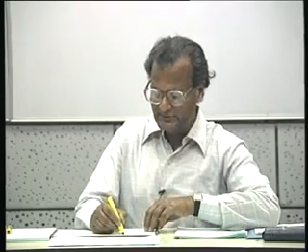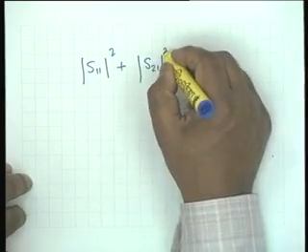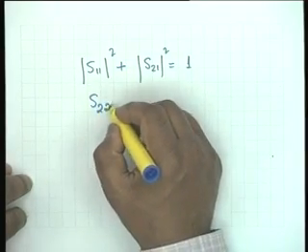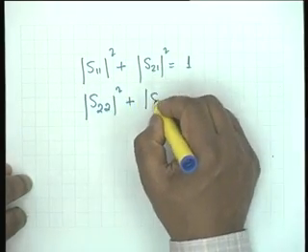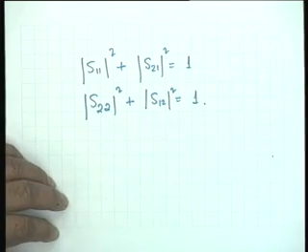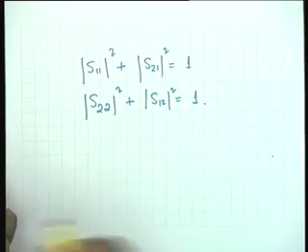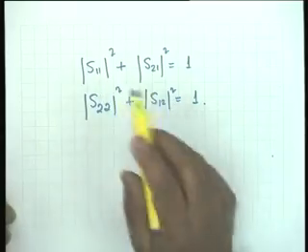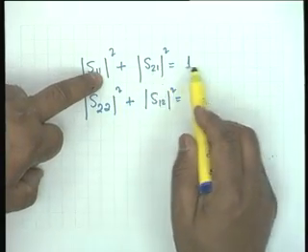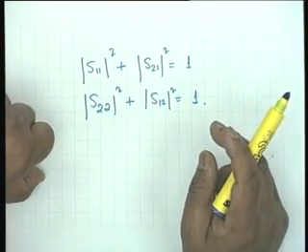The first and the last equation give us magnitude S11 squared plus magnitude S21 squared is equal to 1, and the other one is magnitude S22 squared plus magnitude S12 squared is equal to 1. This shows two very important characteristics of the scattering parameters, namely that since magnitude squared cannot be negative and the sum of two magnitudes squared makes a 1, each of them must be less than unity.